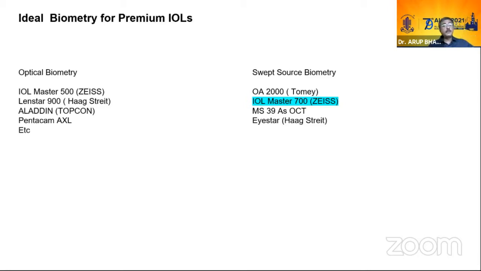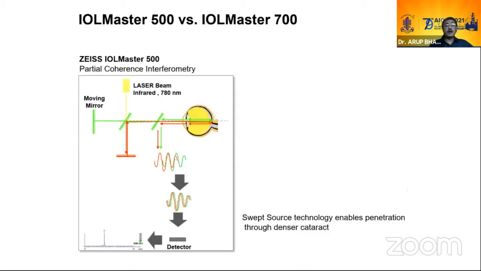These are optical biometers with an infrared source, and the available ZEISS platform has the IOLMaster 500, an optical biometer, and the swept-source biometer IOLMaster 700, which I have been using for more than 1.5 years.